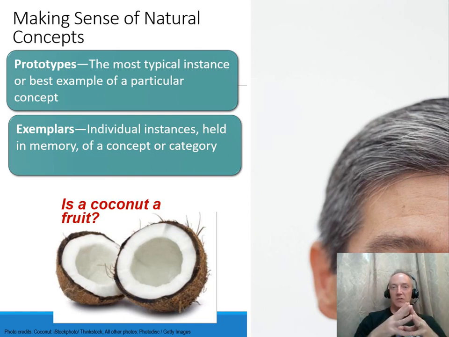Yet sometimes we fail to remind ourselves that there's a lot of individuality, a lot of uniqueness in the individual exemplars, especially when you get to talking about people. So prototypes are very helpful in thinking of a broad natural concept, but we have to remember that that prototype does not necessarily represent every single example in that natural concept category.